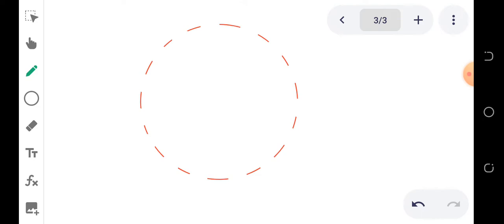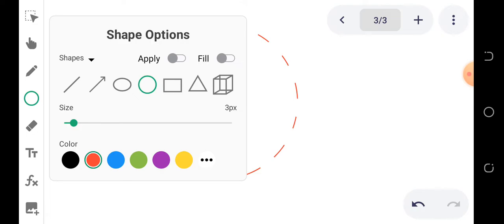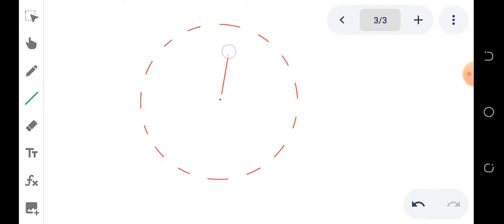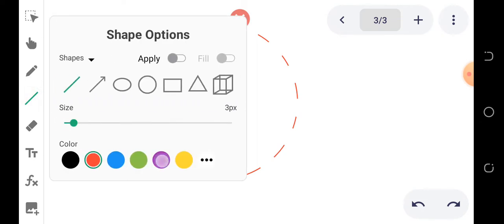If we can assume that this is the center, what is basically happening is we have our string there.